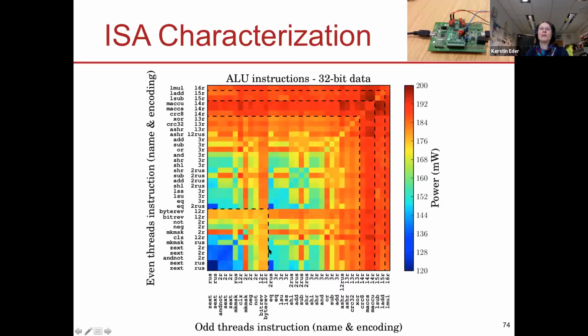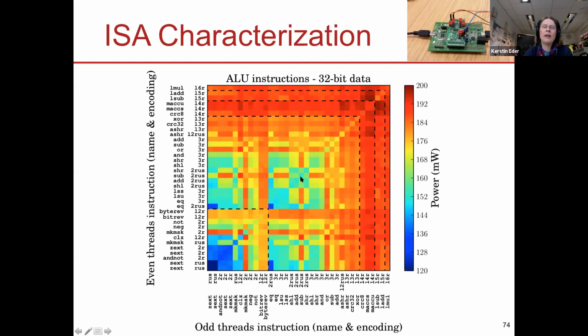So I said we characterize originally at the ISA level, and we've looked at this heat map before. Indeed, this heat map attributes a single cost to each instruction, right? So we could pick one out here, maybe the add instruction, which is roughly in the middle at the bottom.